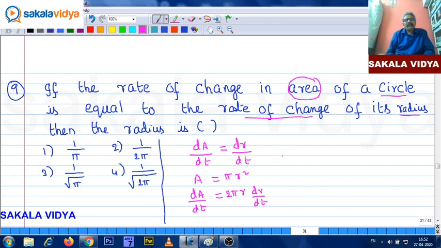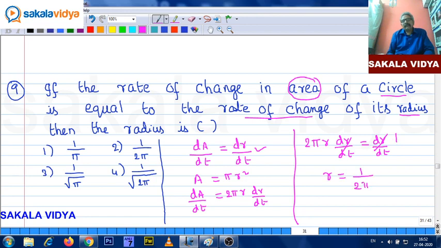So, now dA by dt is equal to, replace this value. So, 2 pi r dr by dt equal to dr by dt. So, dr by dt gets cancelled, 1 we have, r is equal to 1 by 2 pi. So, second option is the right option.